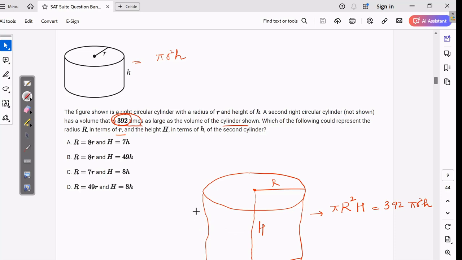Okay, Anika, so what do you think? What should you take as the radius and the capital H so that you get 392? You can check all the answer choices. If you take capital R as 8r and H as 7h, then you get 392?